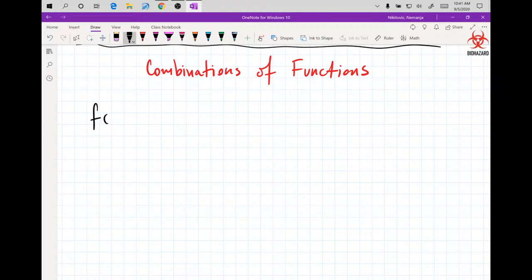So if I have f of x equals x squared plus 2, and let's say g of x equals, I don't know, 1 over x. So the question is, what is f plus g equal to?